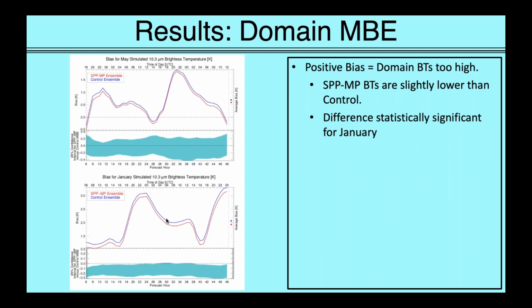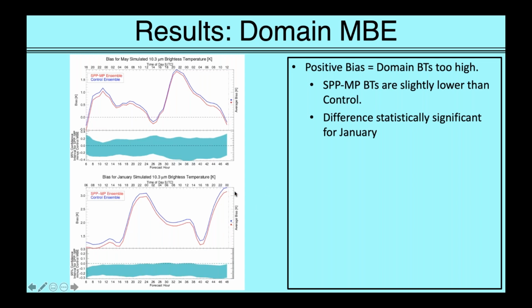We also looked at the domain mean bias error. We found that overall there is a positive bias. Our domain brightness temperatures are too high in the simulated imagery compared to the observation imagery. But the SPP-MP does slightly lower the brightness temperatures compared to the control. We can see this in our dots way on the right of the image.